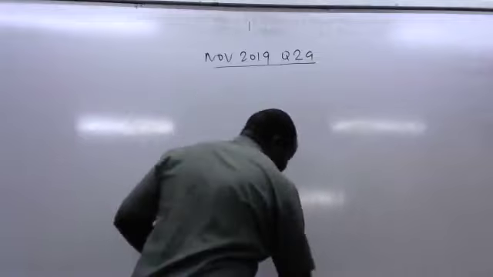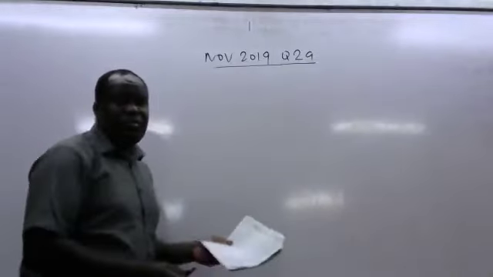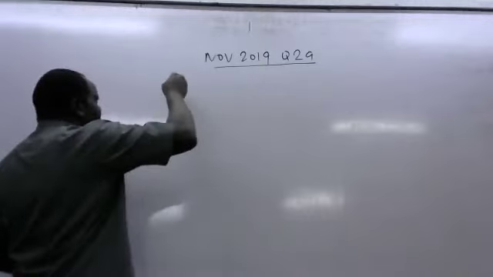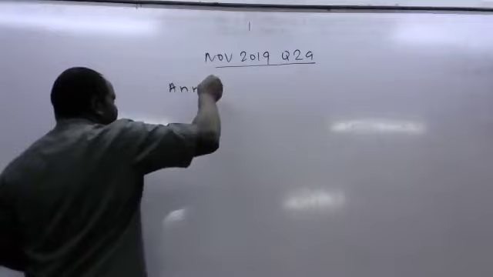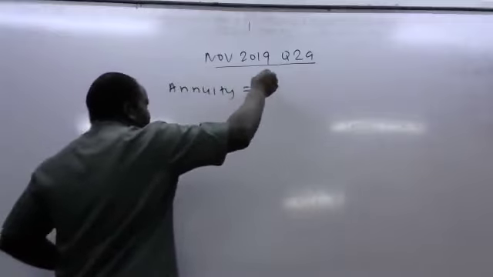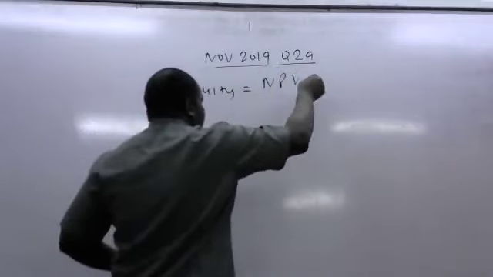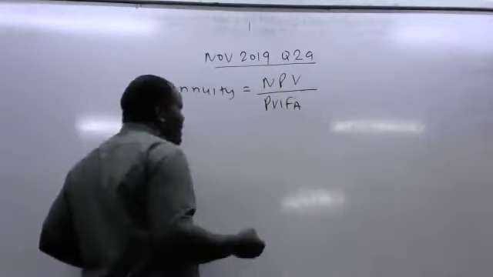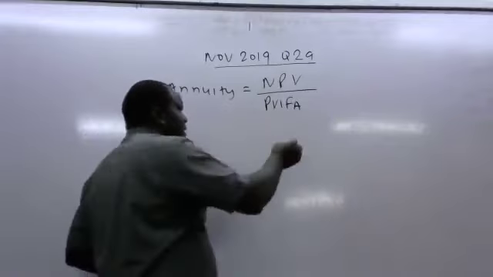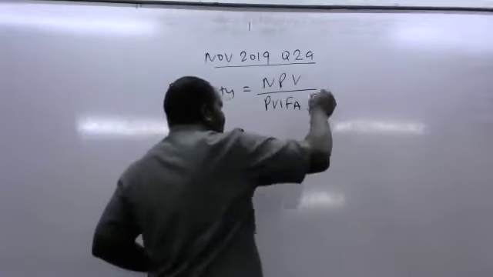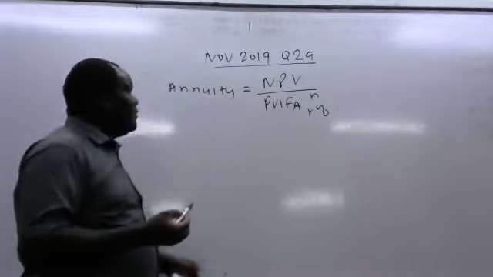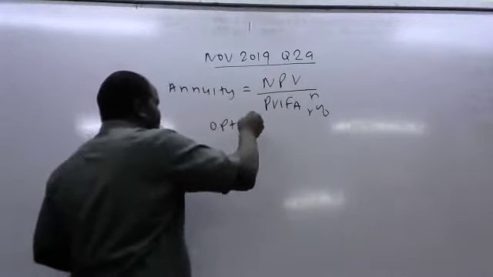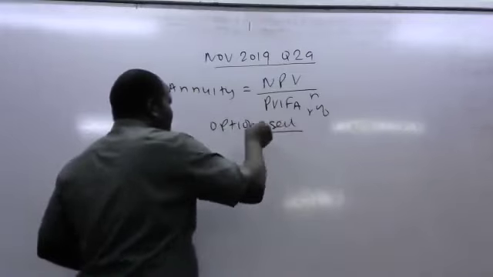So to compute the annuity, the annuity will be given by NPV divided by the present value interest factor for the annuity at R% for period N. We will start with the option sell.